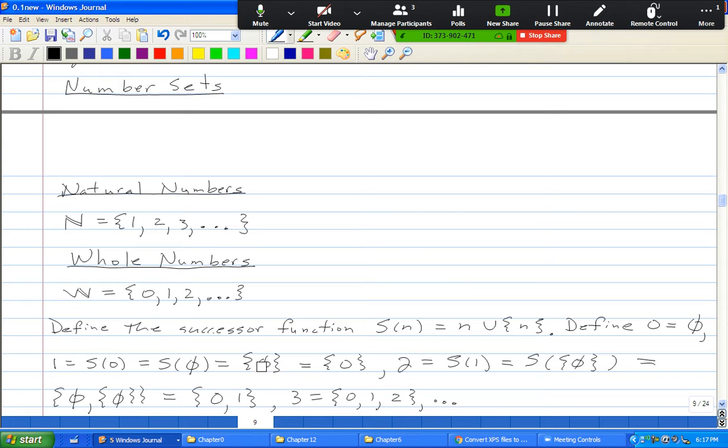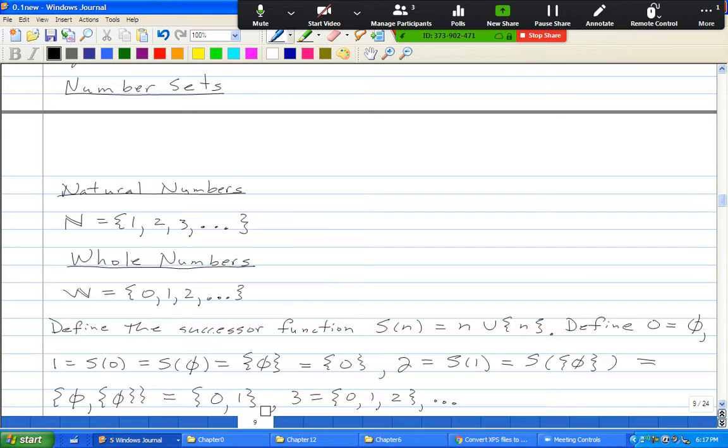The empty set I said was 0. 2 is the successor of 1, but 1 was the set containing the empty set. So it's the set containing the empty set union the set containing the set containing the empty set. And so it's just the set containing the empty set and the set containing the empty set.